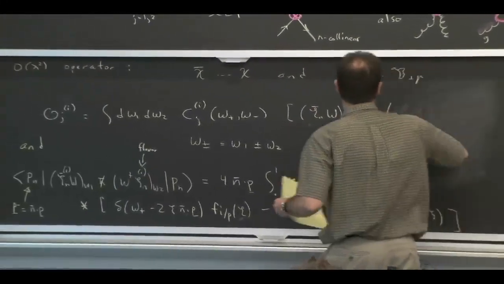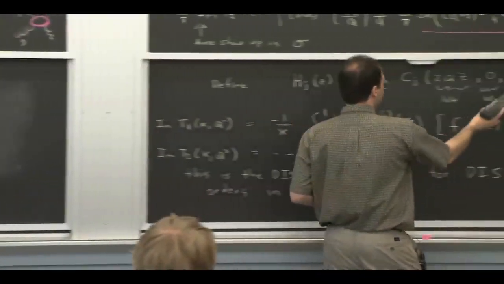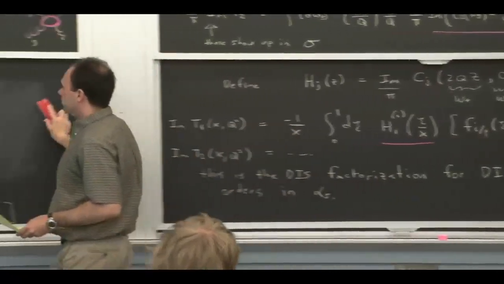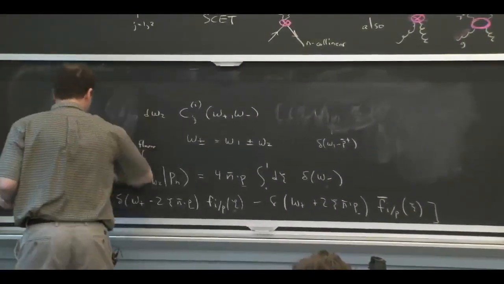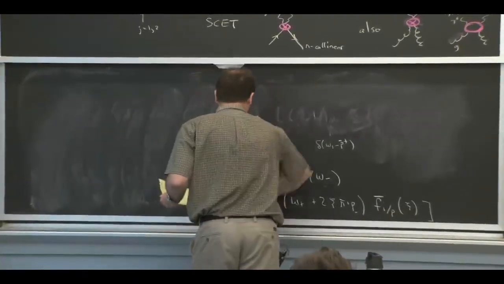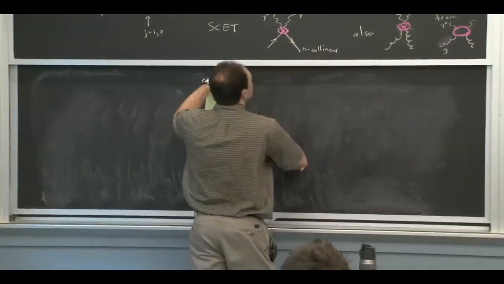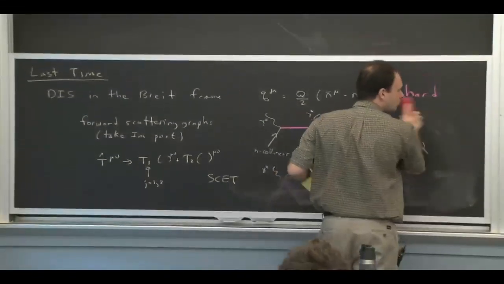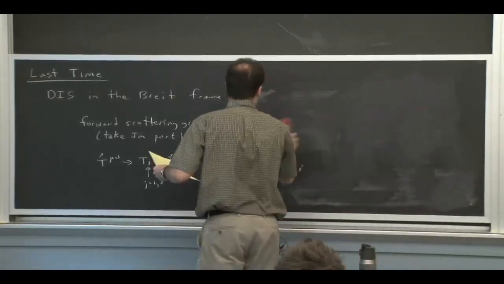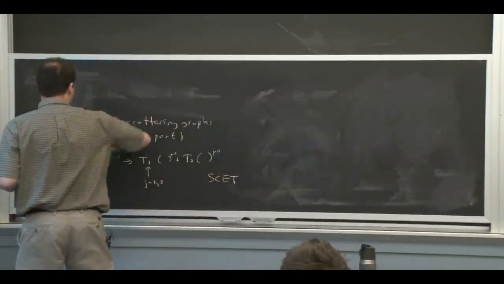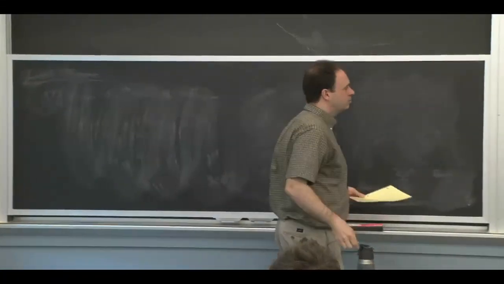Now, I didn't write all the possible dependence, I suppressed some things, like q squared and mu squared. If you ask about q squared and mu squared, then your Wilson coefficients do depend on them. The original Wilson coefficients, C, were dimensionless, and the H is dimensionless too. I just pulled out the dimensionful factor so that that would be true.